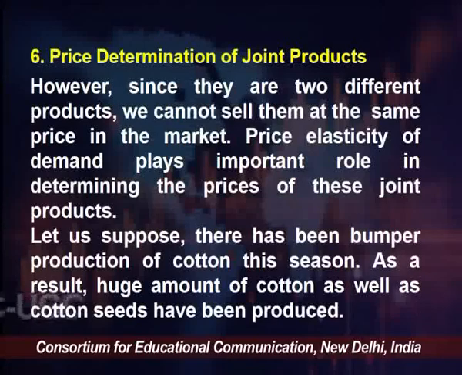Now let us suppose there has been bumper production of cotton this season. As a result, a huge amount of cotton as well as cotton seeds have been produced. Now cotton has wide scope in the market as it can be used for different purposes.